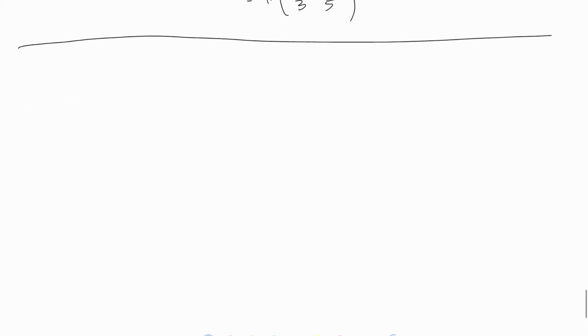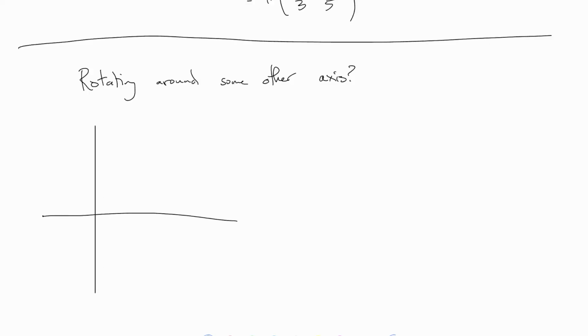How about rotating around some other axis? I mean, not around the x-axis, but around some other thing. Here's an example. I don't mean x or y. I mean like something entirely different.